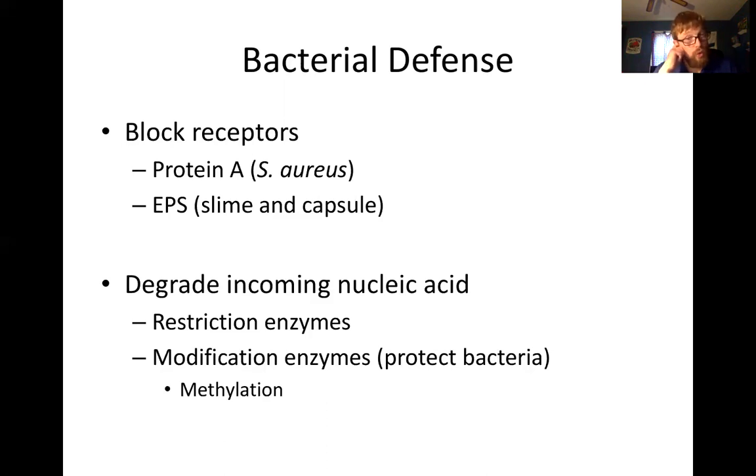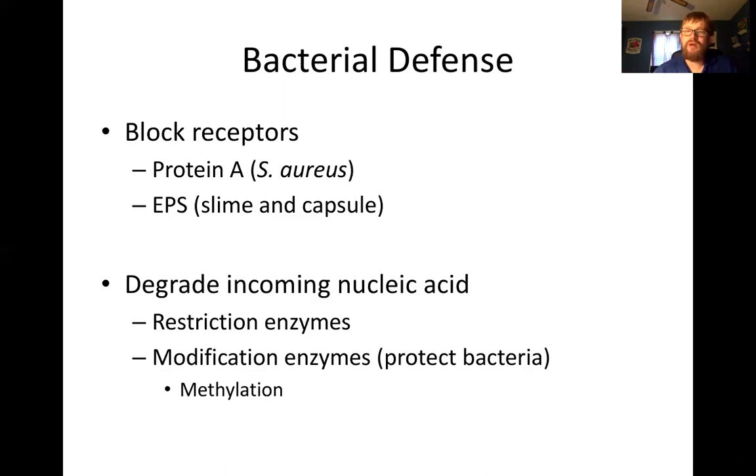What's really cool is that bacteria also produce restriction enzymes. Those of you that have maybe done genetics already, if you are a PA major, or if you're just a bio major, or those of you that maybe did some basic genetic experiments with E. coli in high school, have probably used restriction enzymes.